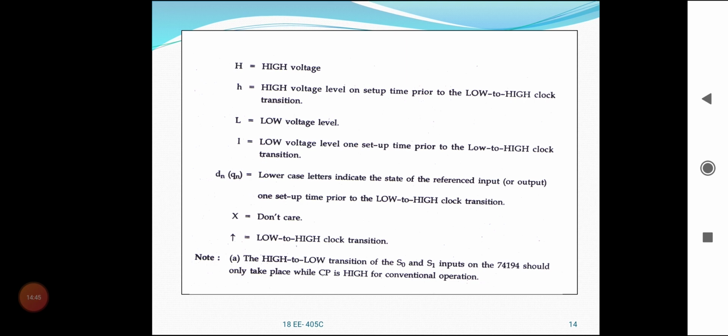X means don't care. The arrow symbol indicates the low to high clock transition. Note: the high to low transition of the S0 and S1 inputs on the 74194 should only take place while the clock pulse is high for conventional operation.